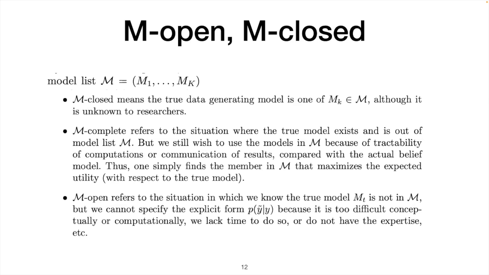And M complete means that you believe all the models in your model list are wrong, but still you want to use some of the models as a proxy of the truth and project your belief of the underlying truth onto that belief model that is in the model list.